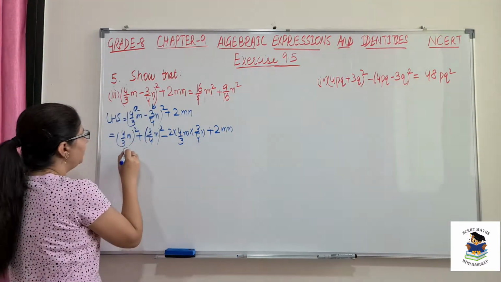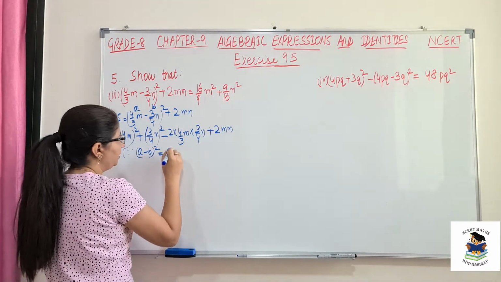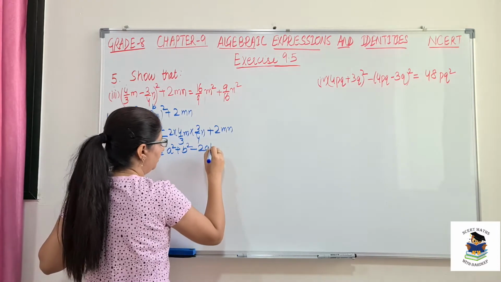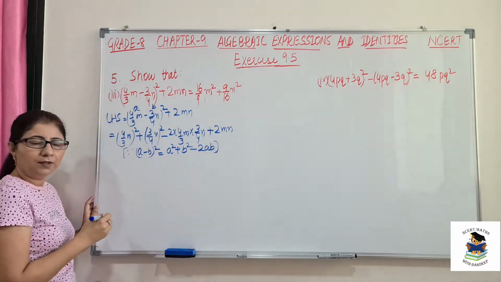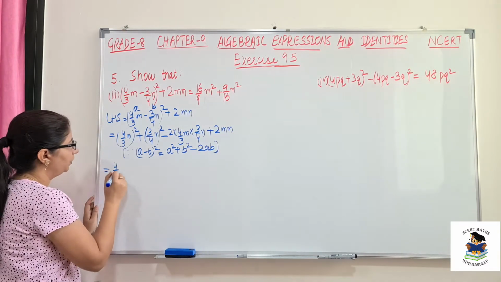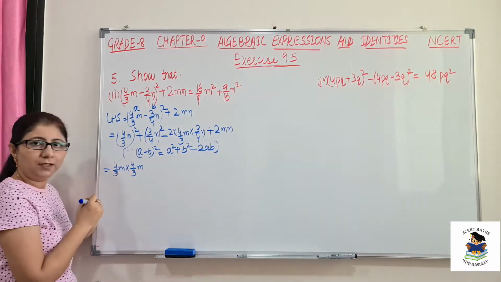So here we can write because (a minus b) whole square is equal to a square plus b square minus 2ab. Right? So now open this, that is 4 by 3m multiplied by 4 by 3m.